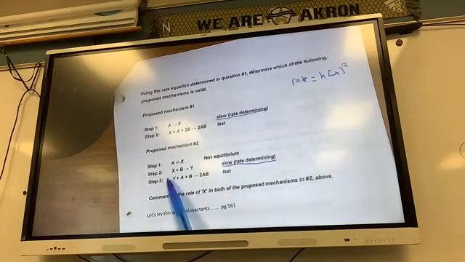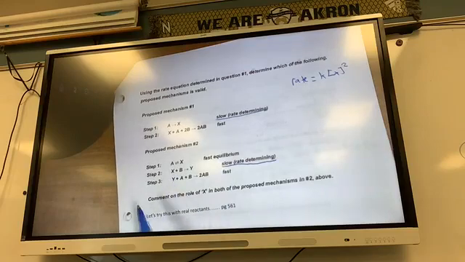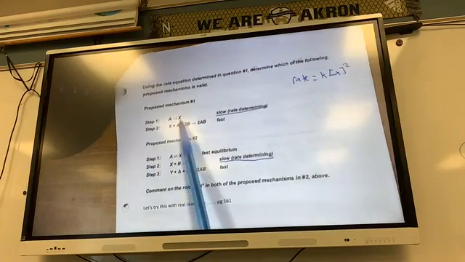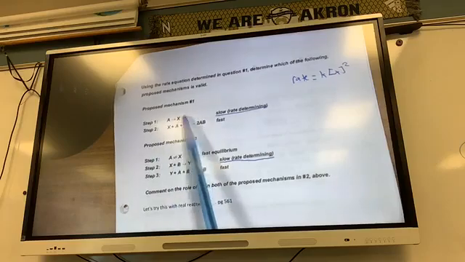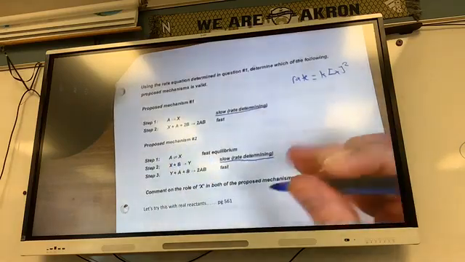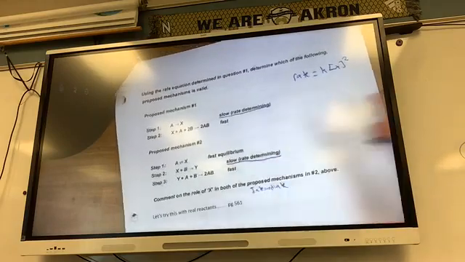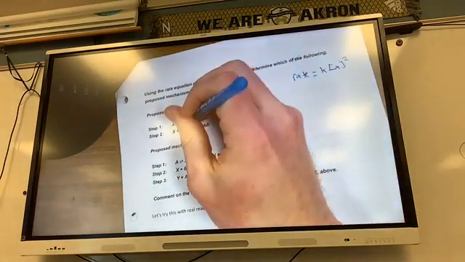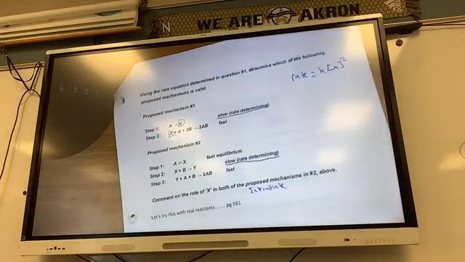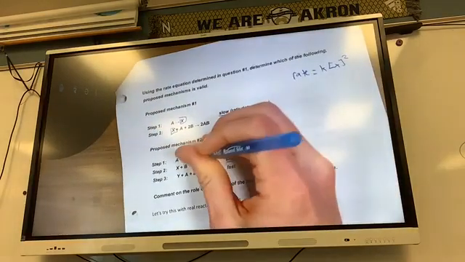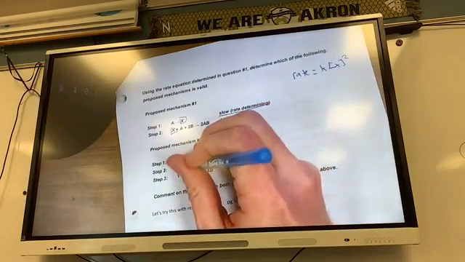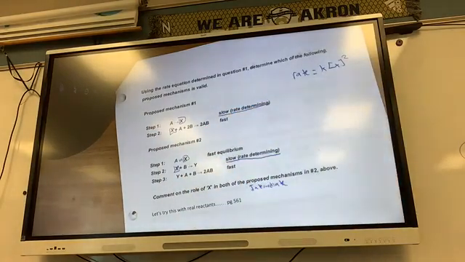Do I have an intermediate in this one? On this one, X is an intermediate, right? So let's write that down: X is an intermediate. That's an intermediate, that's an intermediate. I also have Y, but I don't care about Y that much.